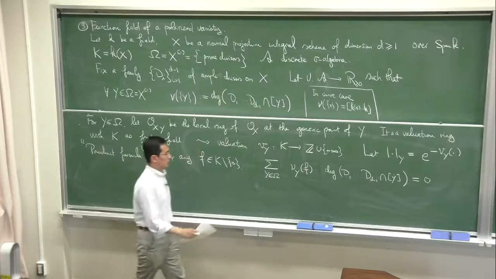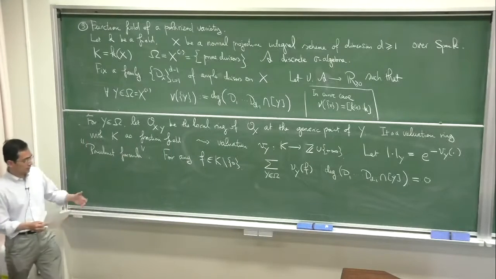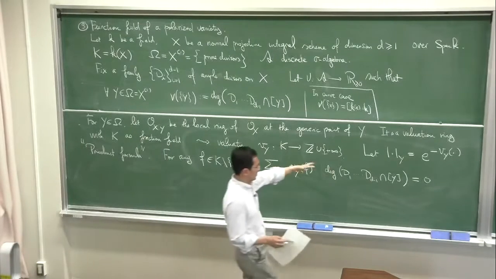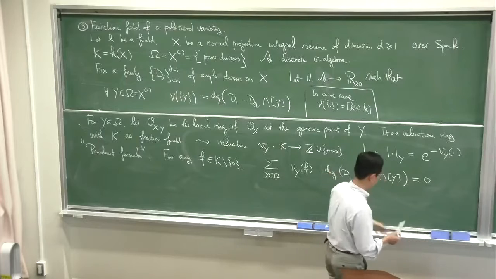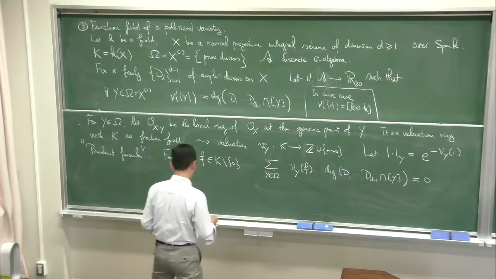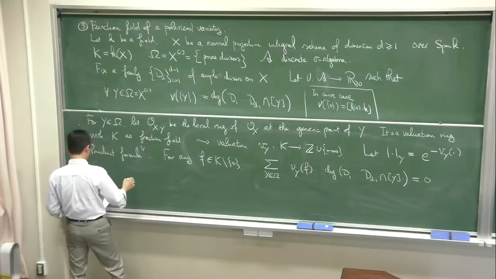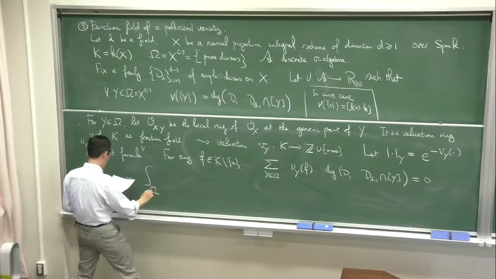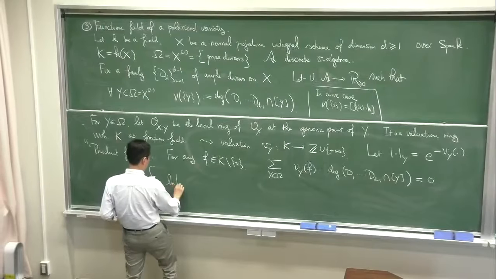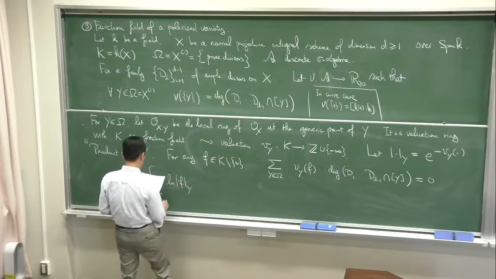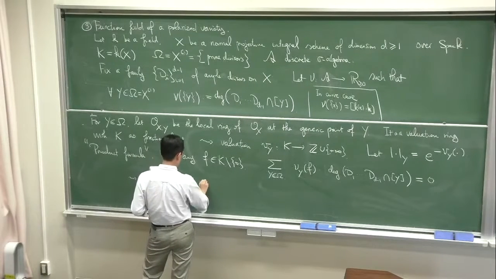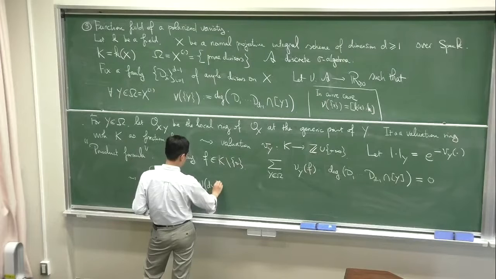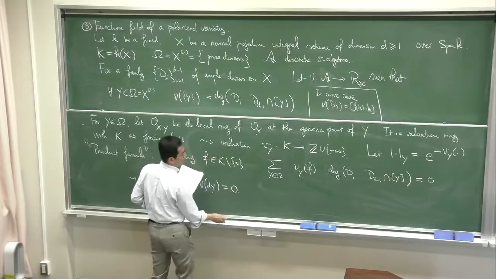You consider the valuation of f times this factor, and then you compute the sum, you find 0. So that you get the integral over Omega of log the absolute value of f with respect to y, nu of dy, is 0.